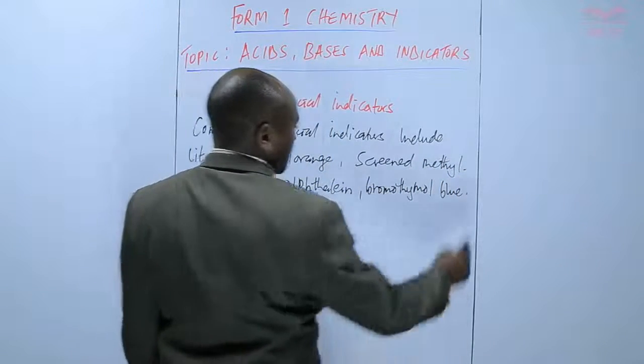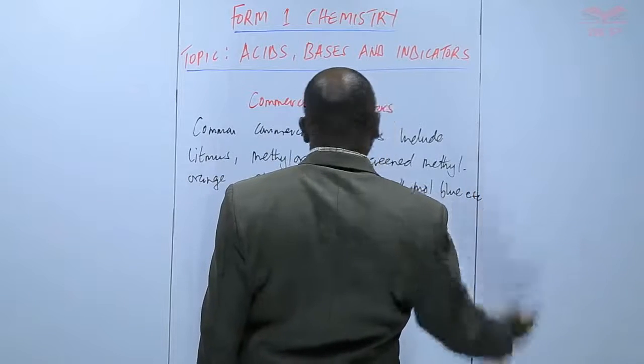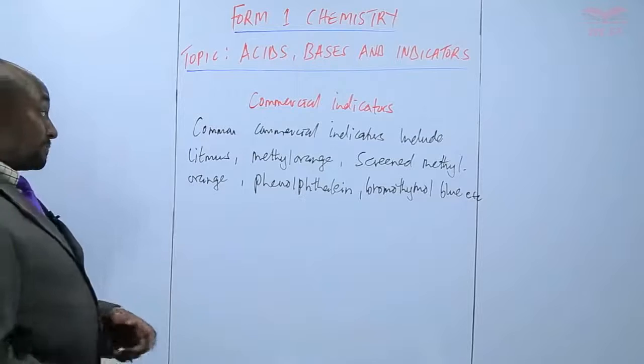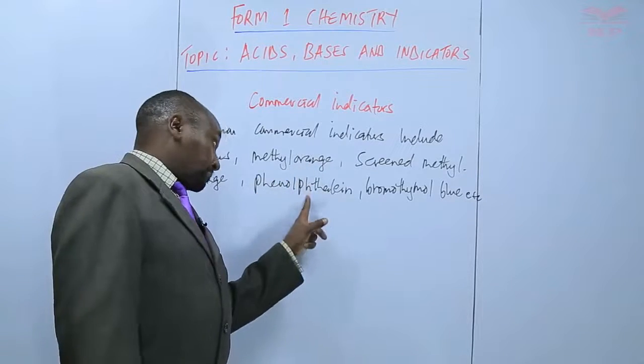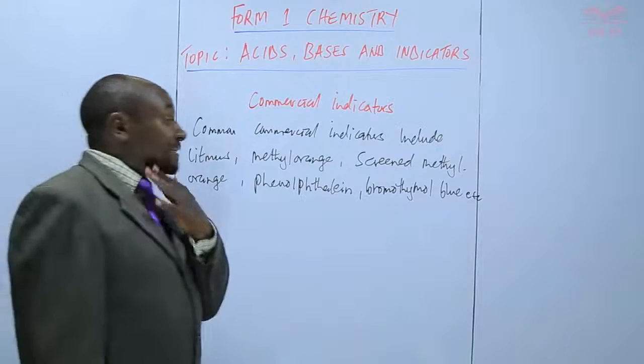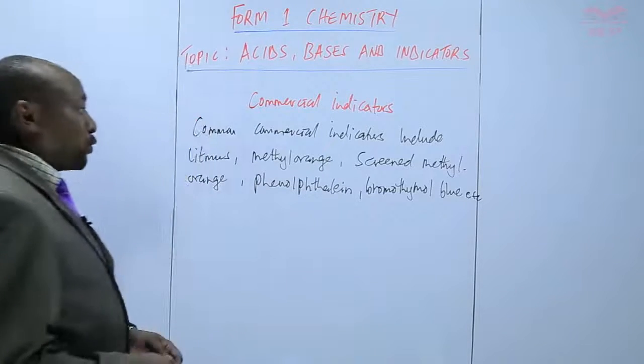So all those, they are commercial indicators, but we'll mainly mention the litmus and the methyl orange and phenolphthalein because those are the common ones that we actually use.